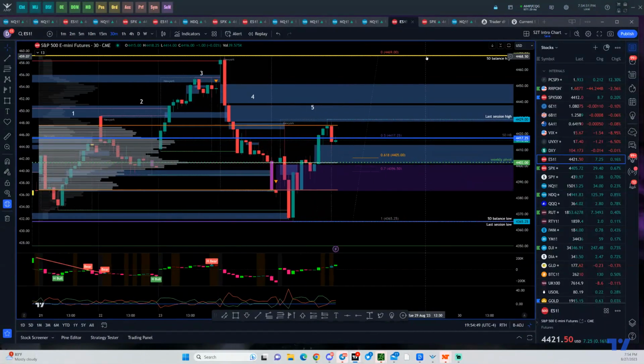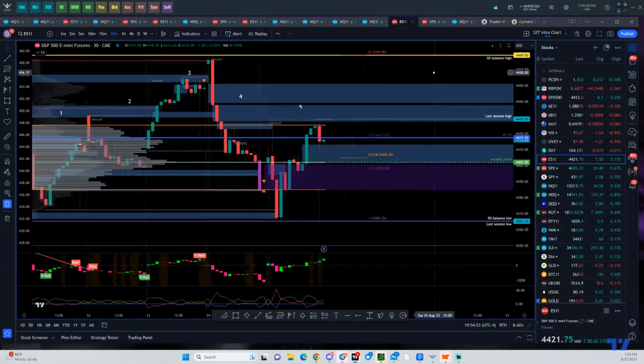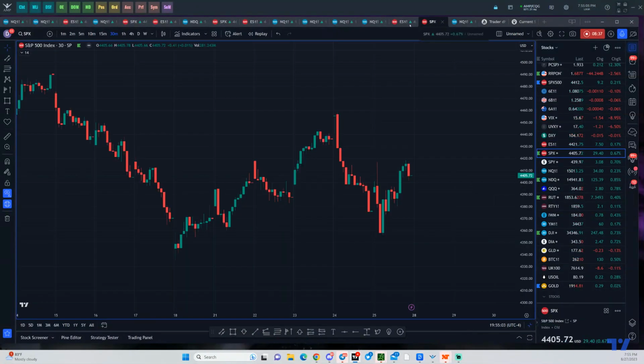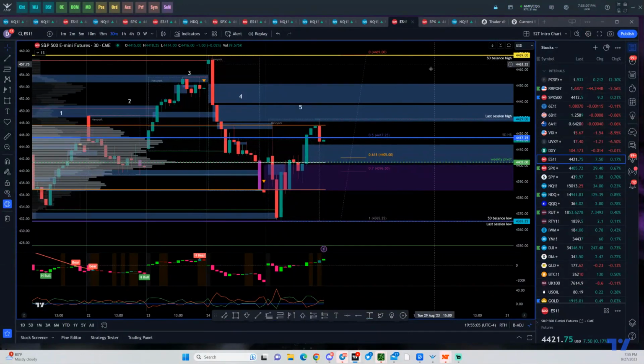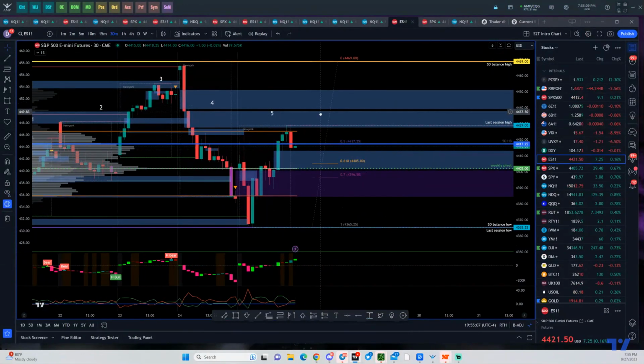So just keep that in mind because it's extremely important that we stay focused on what we need. We got a couple of single prints up here that we need to fill. There's a poor structure on the top, and we'll see how that situation gets corrected as we continue to make our way into this area here.